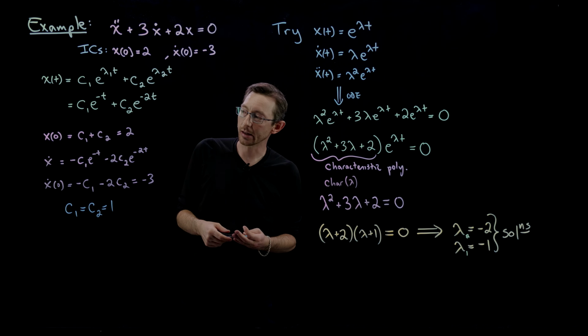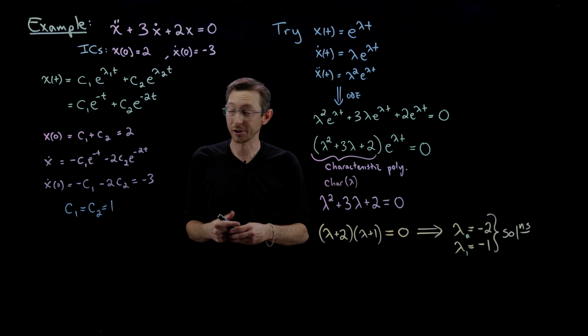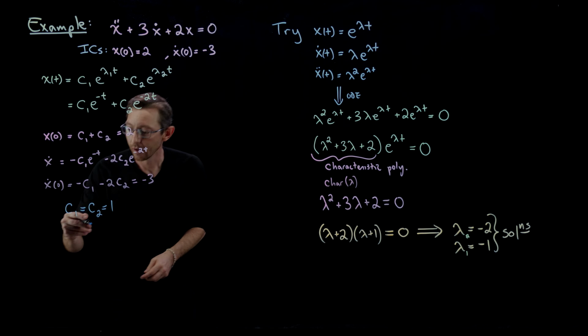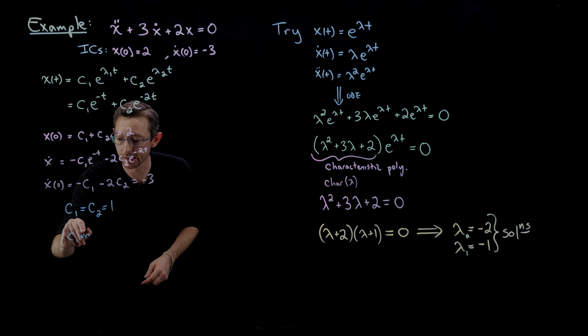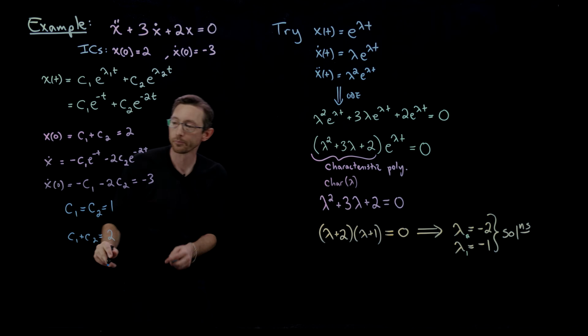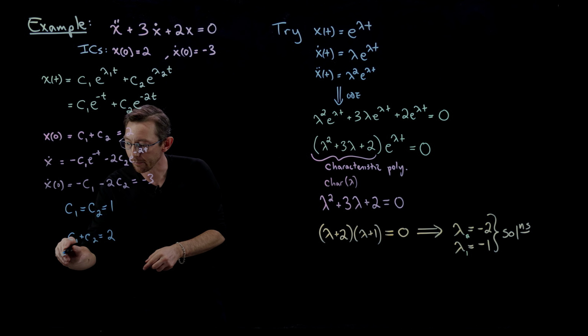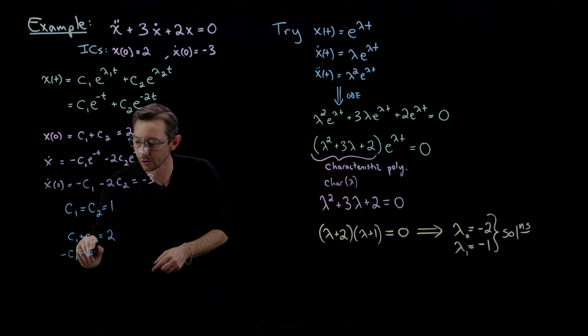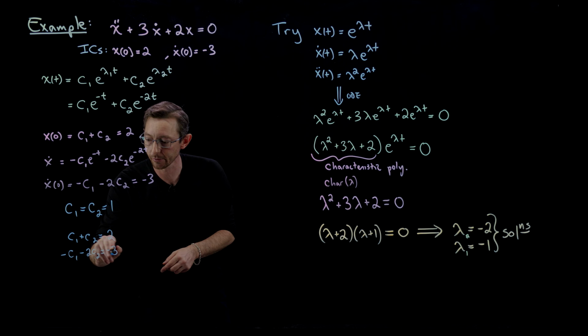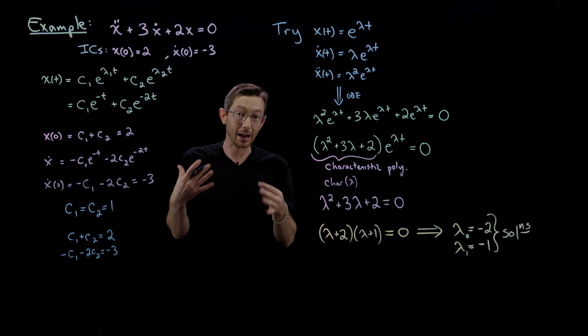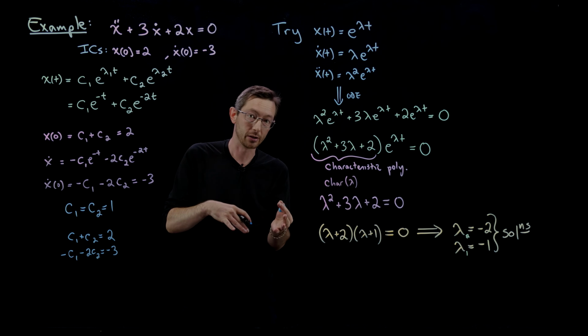If you like, you can solve this a little bit more methodologically. You can write down the system, and you would say, okay, c1 plus c2 equals 2. That's this equation. And minus c1 minus 2c2 equals -3. And then I would go through my linear algebra of solving for c1 or solving for c2.